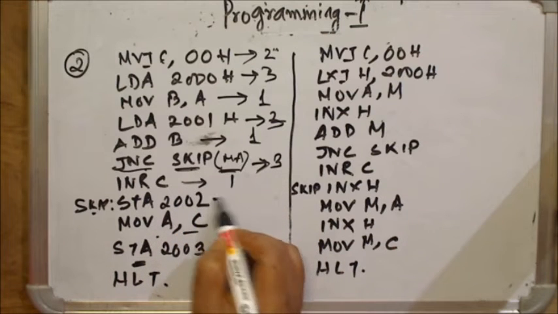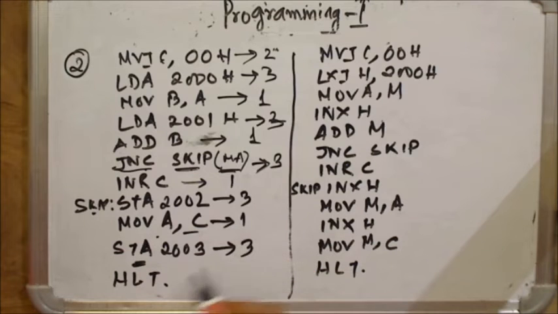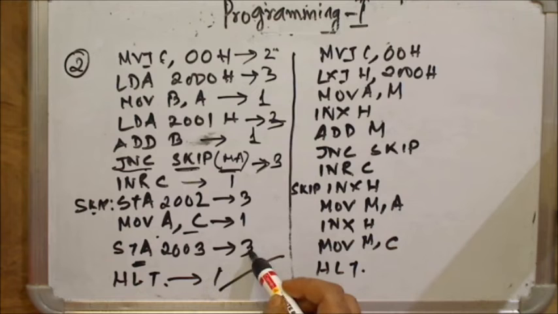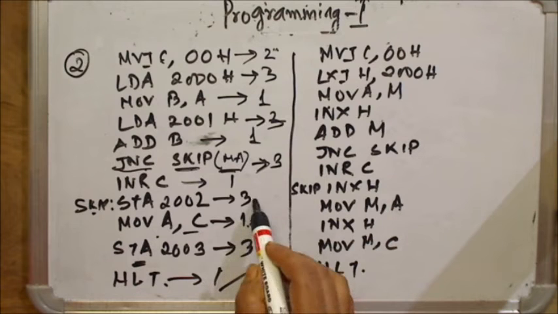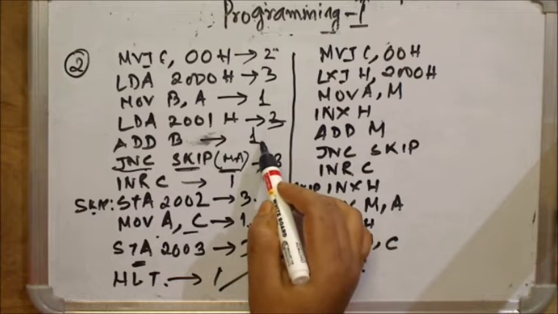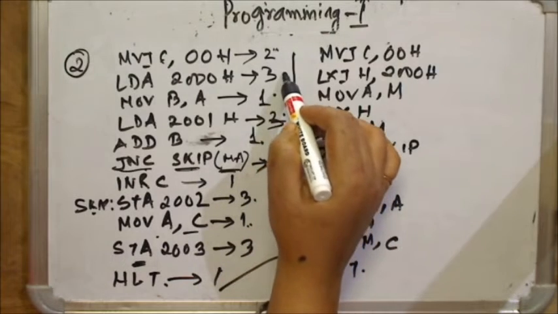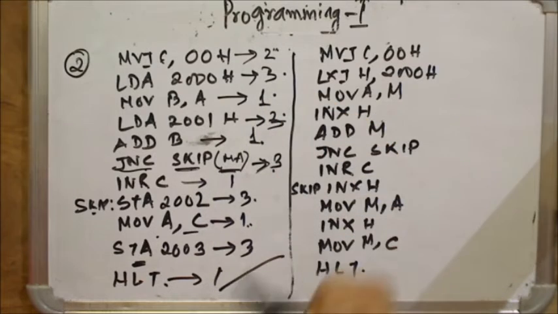This is 1 byte, this is 3 bytes, this is 1 byte, this is 3 bytes, and this is 1 byte. So what is the total size of the program? 1 plus 3, 4; 4 plus 1, 5; 5 plus 3, 8; 8 plus 1, 9; 9 plus 3, 12; 12 plus 1, 13; 13 plus 3, 16; 16 plus 1, 17; 17 plus 3, 20; 20 plus 2, 22. So this is a total 22-byte program.